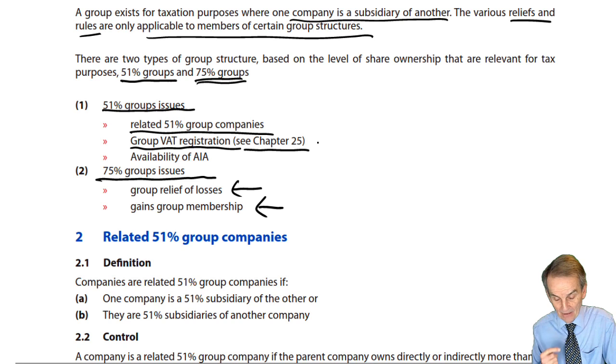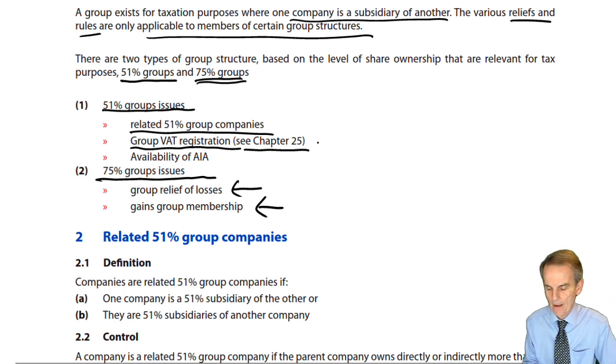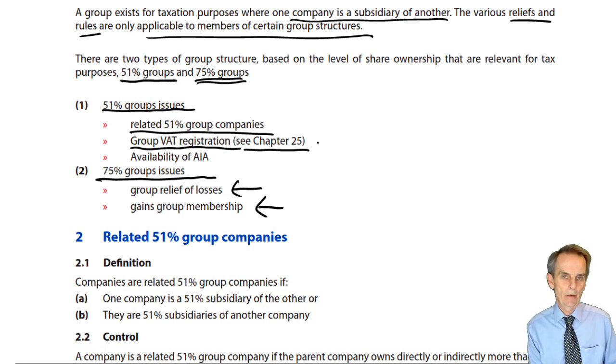That is, for each company, it also extends to unincorporated businesses as well. But here, each company would normally have to maintain its own VAT records, and it would have to submit its own VAT return. But guess what?